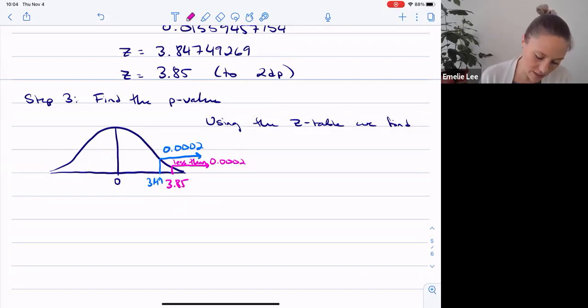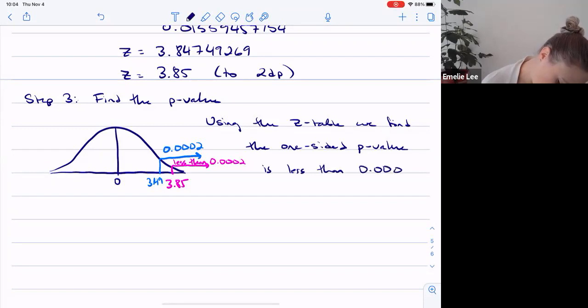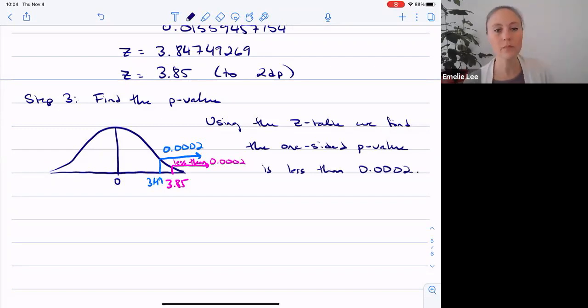So using the Z table, we find the one-sided p-value is less than 0.0002. I noticed in the textbook, they use the rule that if you're beyond that point, you just say it is 0.0002.